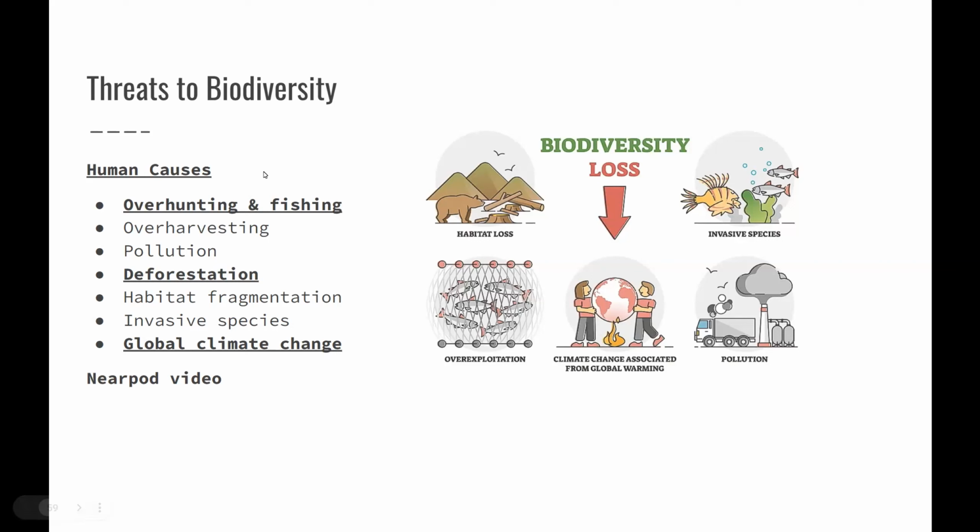So all of these things, overhunting and fishing, overharvesting, that is depleting the fish population and other populations of animals. And we need that biodiversity in order to have healthy ecosystems.